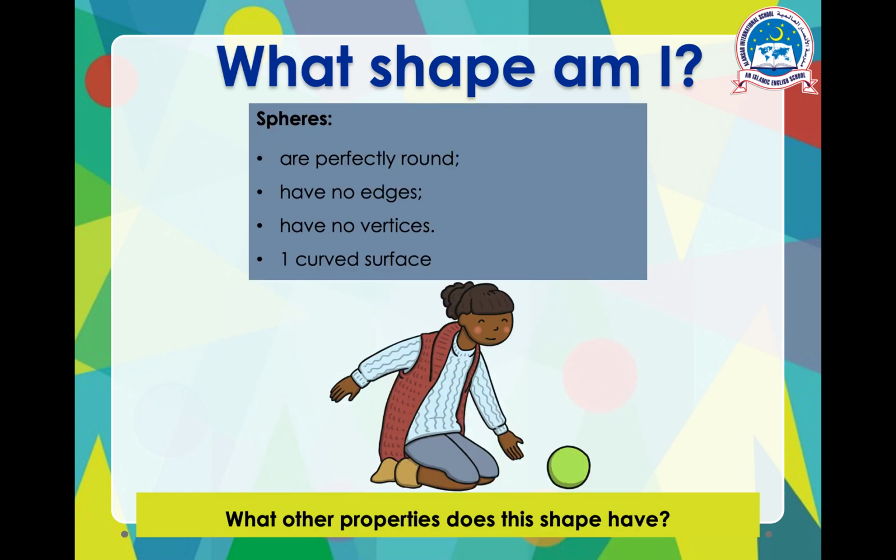You are correct. And remember, spheres are perfectly round. They have no edges, no vertices, and they have one curved surface. Can you think of any other properties that this shape has? If so, do let your teacher know.